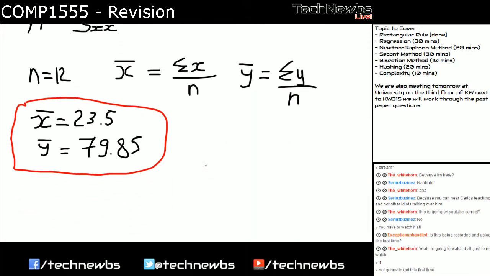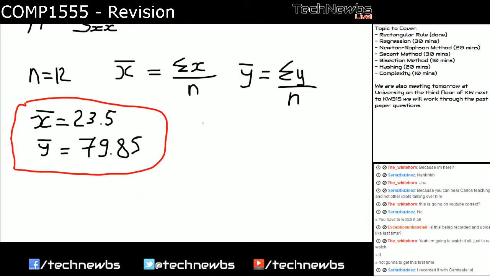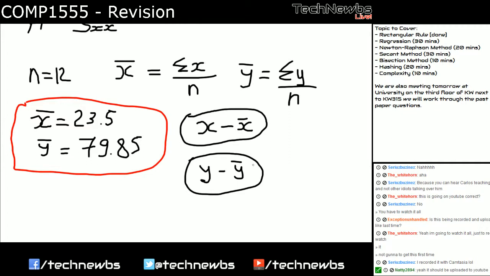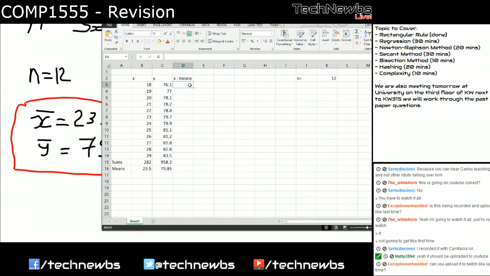So to continue in the table, we've got to find the next two columns, which are x minus x bar. So it will be the value of x minus the mean of x, which is 23.5. And then we've got to find y minus y bar, which is the value of y minus the mean of y, which is 79.85. You'll see on the table that I've got x minus mean x, and then we have y minus mean y.